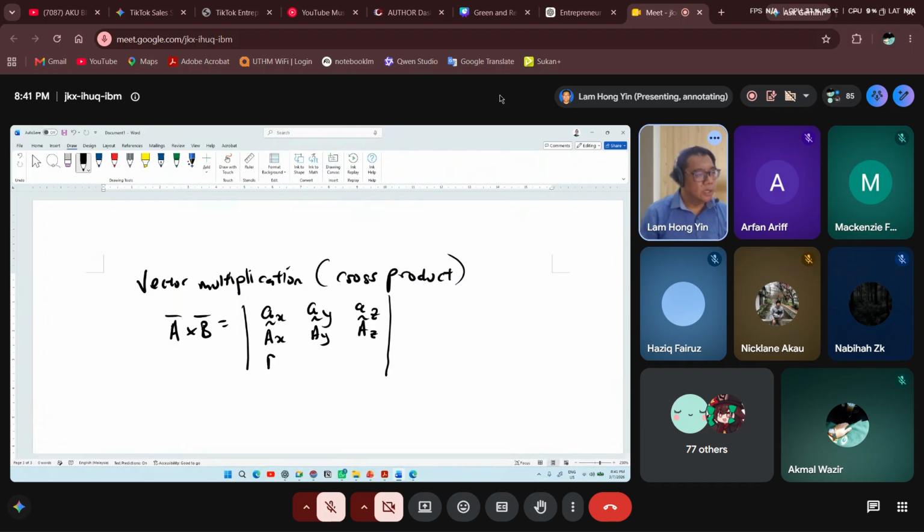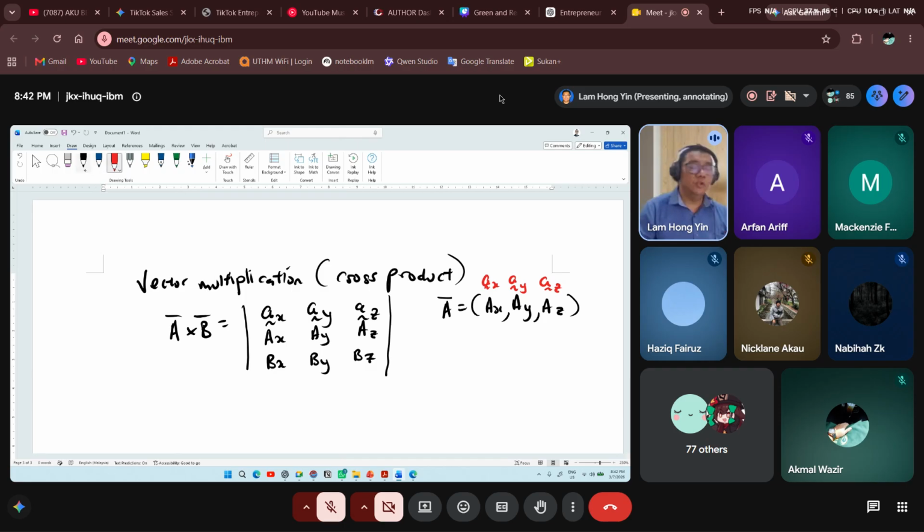On the other row, the components of vector B: magnitude of B at x, at y, and at z. We represent A with its x, y, and z components, and we know the directions are ax, ay, and az, but we never write out the directions because this is engineering notation.